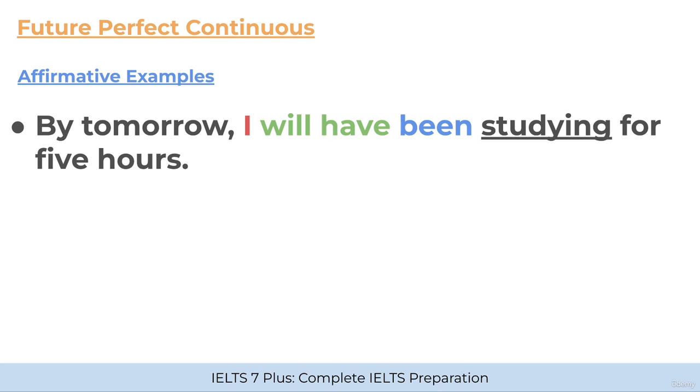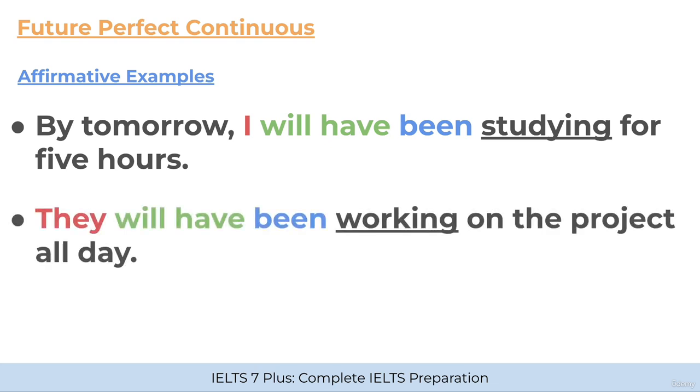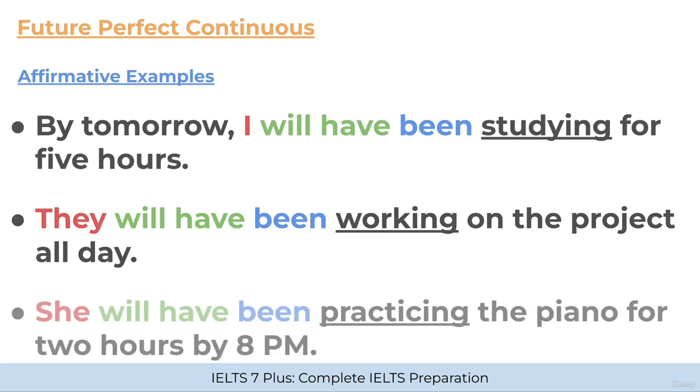And this is all in the future. They will have been working on the project all day. So again, you've got this idea of time passing in the future. Almost like a clock. You can see the clock going for the time. You can imagine this happening.